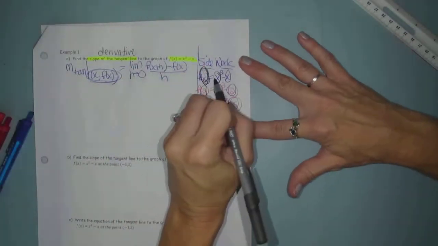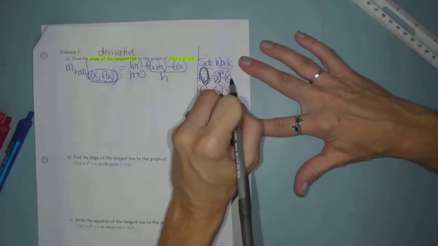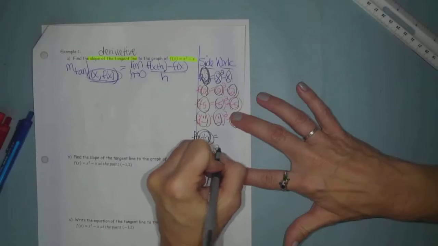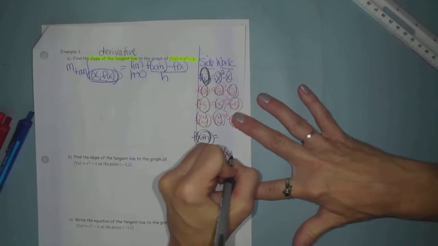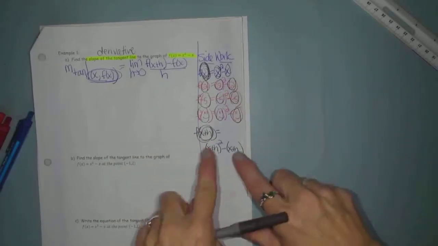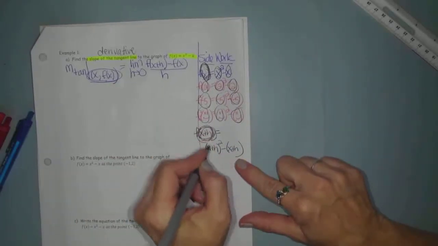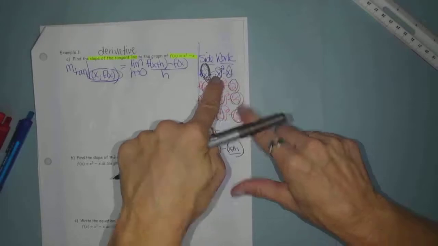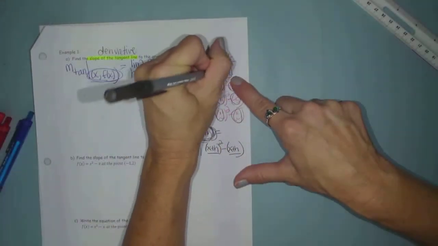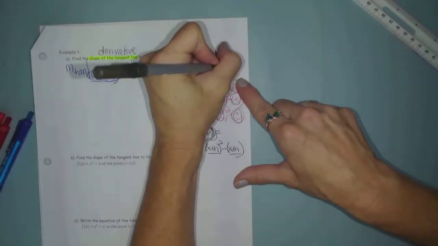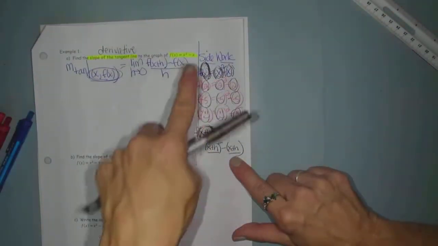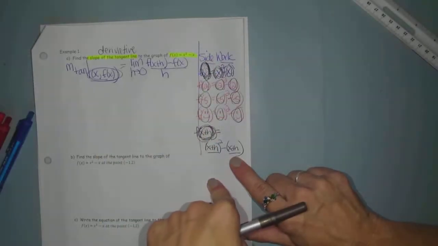Now this has to become an x plus h, and this has to become an x plus h. So it's going to look like this: parentheses, x plus h squared minus parentheses, x plus h. Don't split the x and the h up. Just take it as one unit, in for here, in for here. Replace, replace. Put it in parentheses. Wherever the x is, you put x plus h. And then do unto the x plus h whatever was being done unto the x.